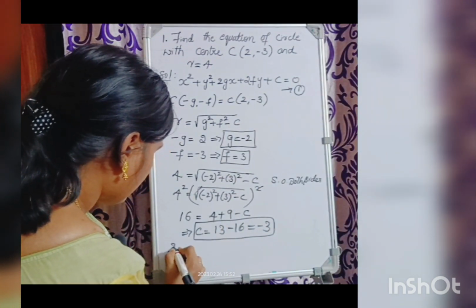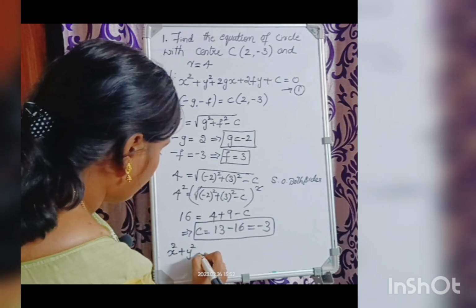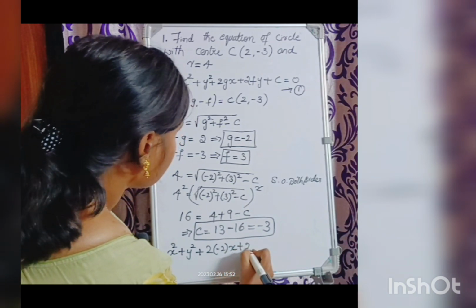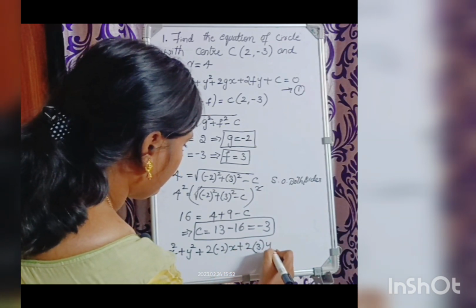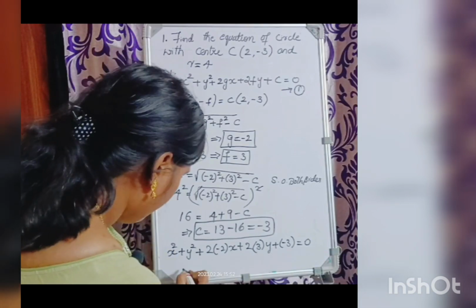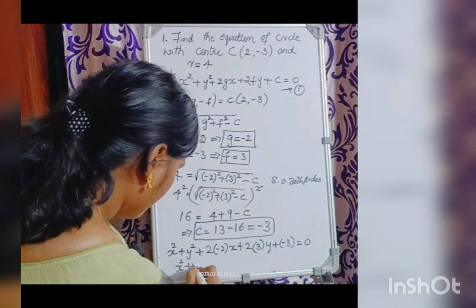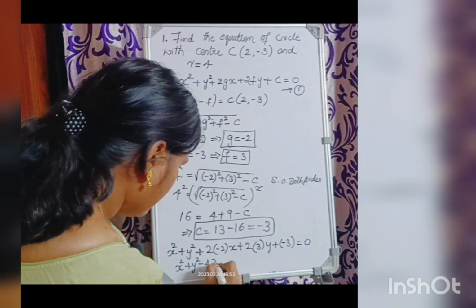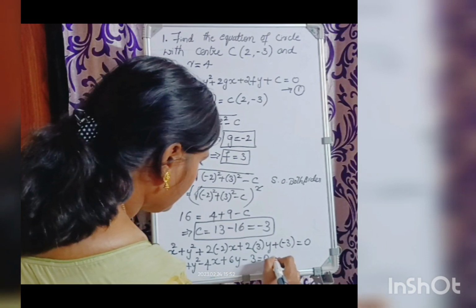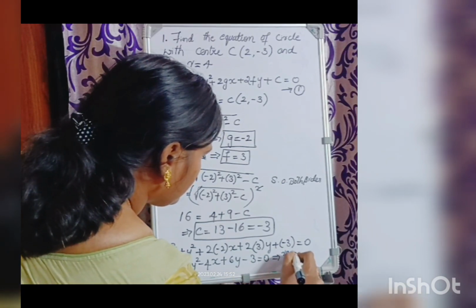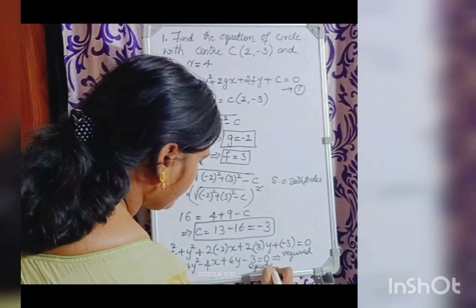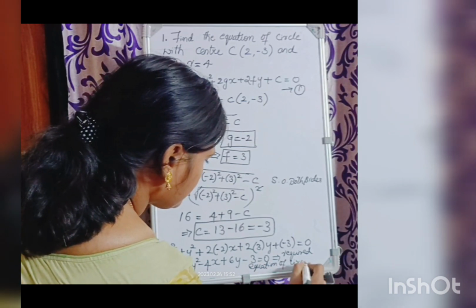We'll get x square plus y square plus 2gx plus 2fy plus c is equal to 0, which implies x square plus y square minus 4x plus 6y minus 3 is equal to 0 is the required equation of circle.